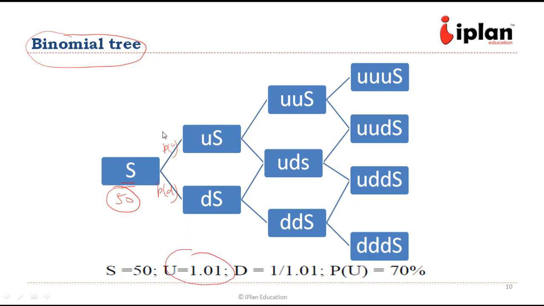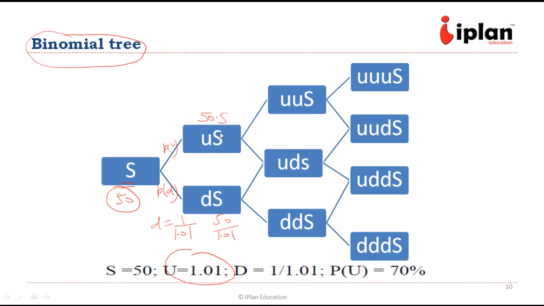So if it moves upwards, the value becomes 1.01 into S, that is 1% higher, or in this case it is going to be 50.5. And similarly, we divide it by 1.01 again, which is the value of D if it falls. So the dS is 50 by 1.01.